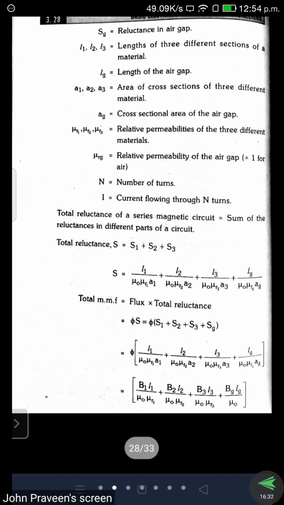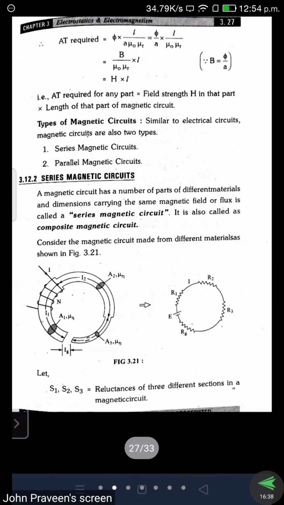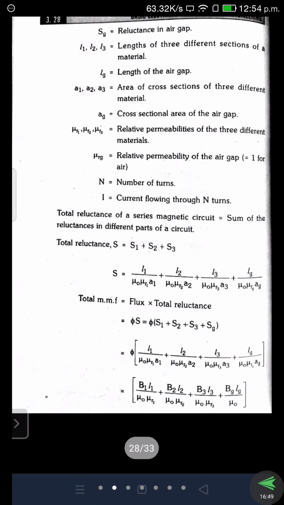Next, already we know that L by mu naught into mu R can be written as H. How can we get it? This is the formula, right? From here we can simply write B by mu naught into mu R, and that can be substituted as the H value.